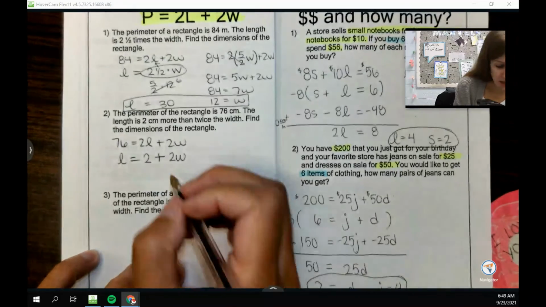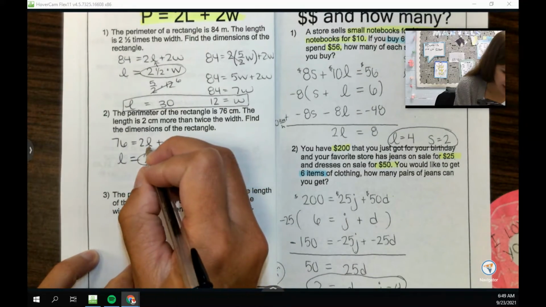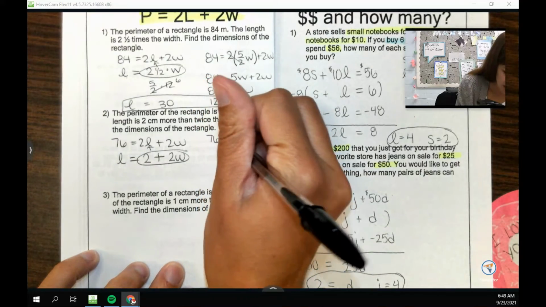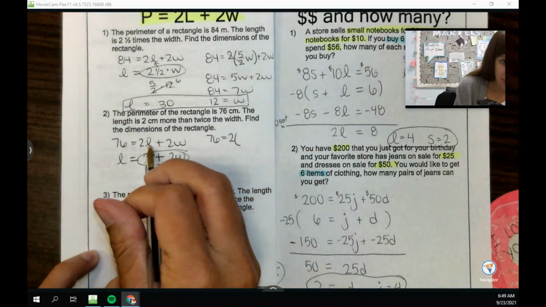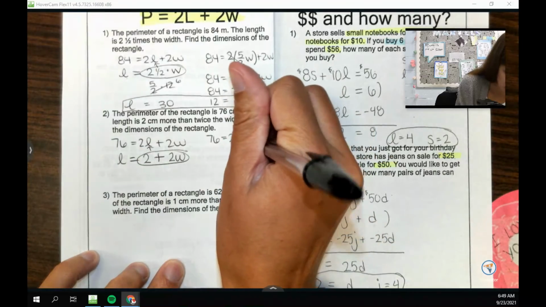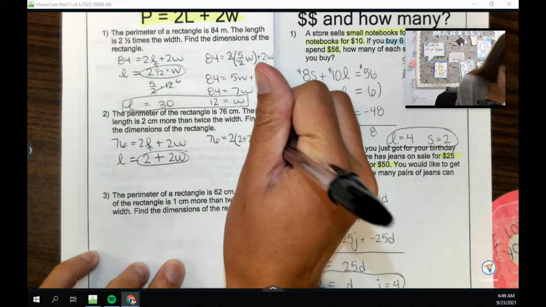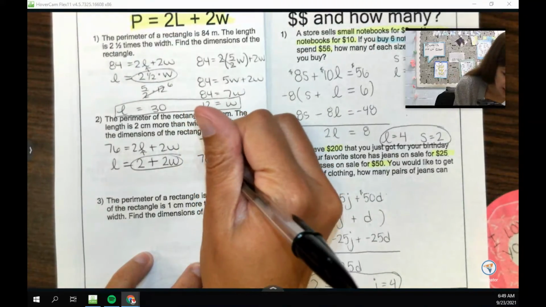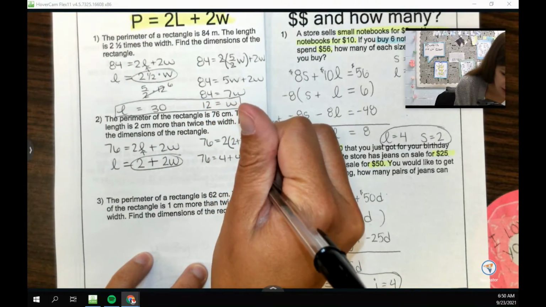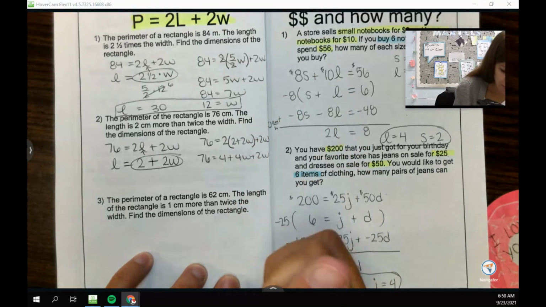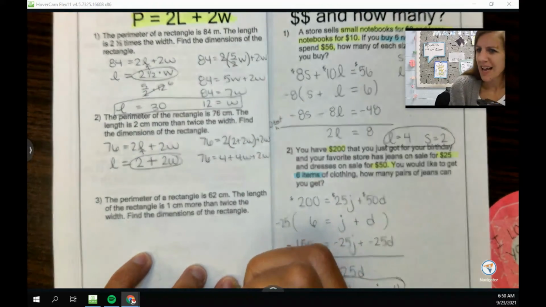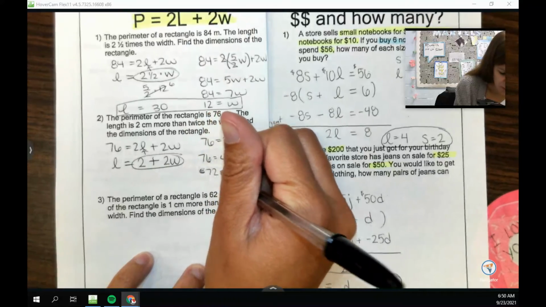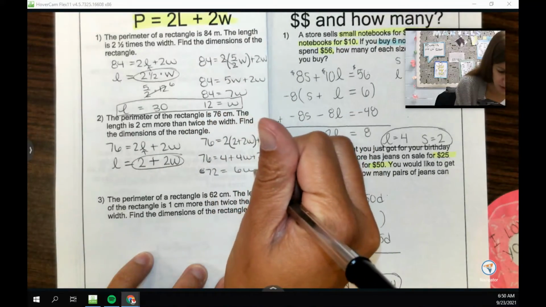So again, really just like the last one, now I can take this and put it in for L. And so we're going to do substitution. So 76 equals 2, but in place of L, 2 plus 2W, plus 2W, and then we just want to be careful that we distribute. So 76 equals 4 plus 4W plus 2W. Kind of at the same time, I'm going to subtract the 4, so 72, and combine like terms.